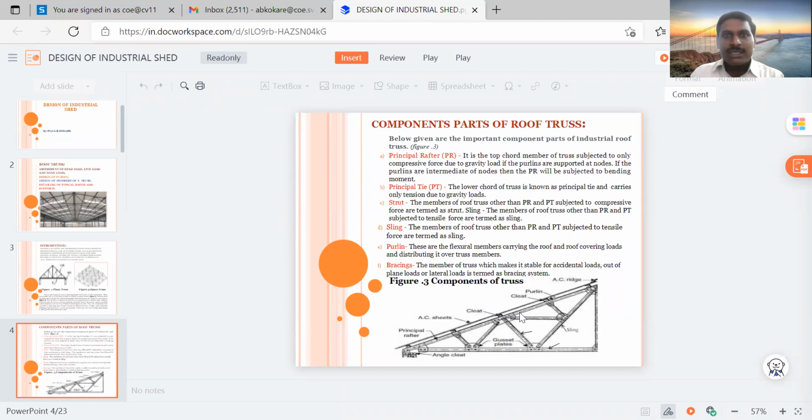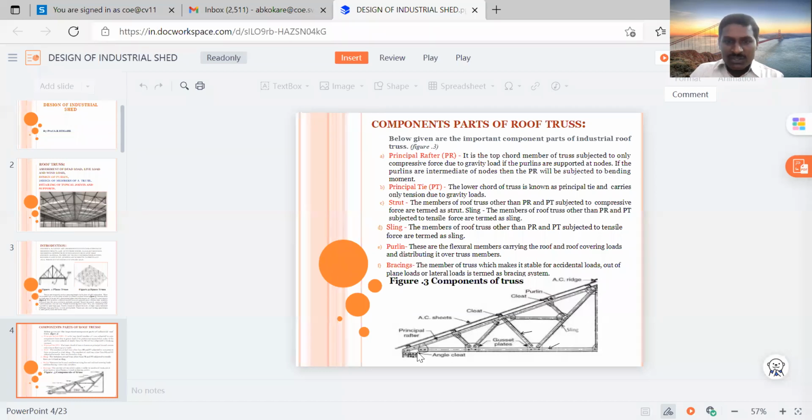So what is principal rafter? The principal rafter is the top chord of a truss subjected to compressive load due to gravity load. If purlins are supported at nodes, it means on the principal rafter, the purlins are resting. So it is the top inclined chord of a truss subjected to compressive force due to gravity, and the purlins rest on the principal rafter.